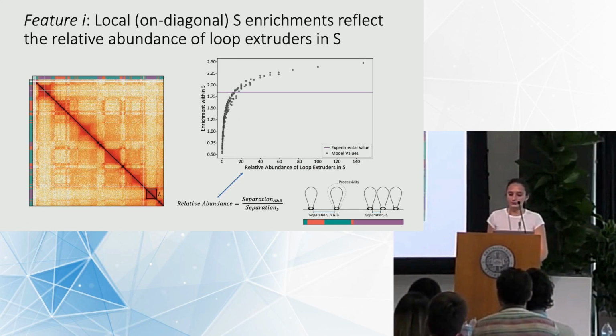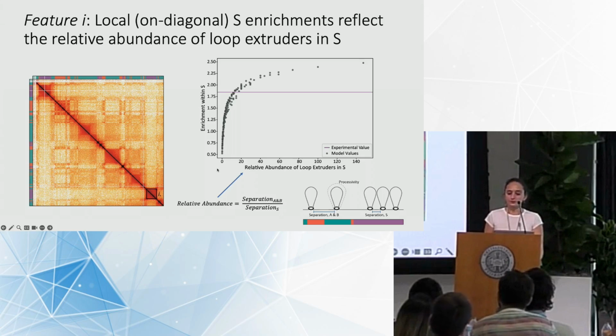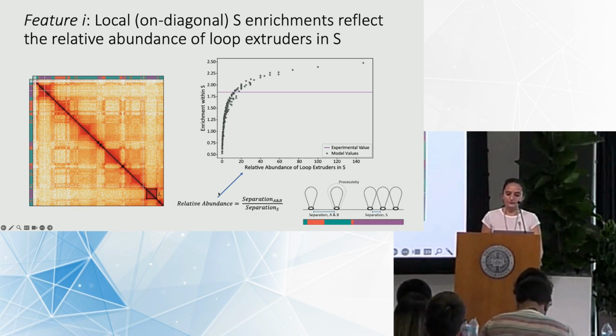Specifically, each feature that I've defined for you already corresponds to a different parameter or relationship between parameters. Our first feature, which is this on-diagonal enrichment, can be best understood as the relative abundance of loop extruders in S compared to the rest of the genome.